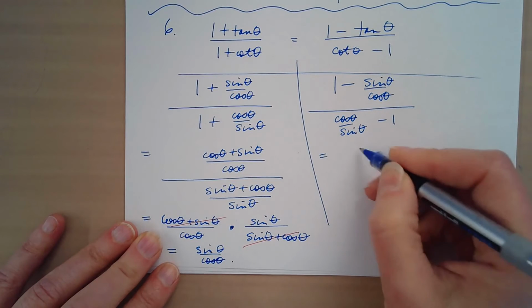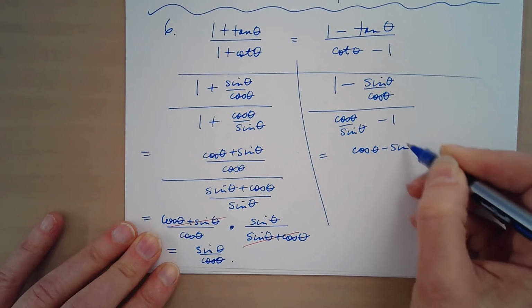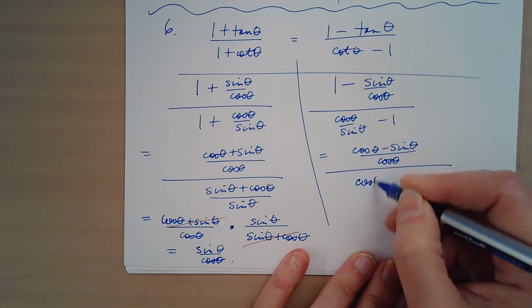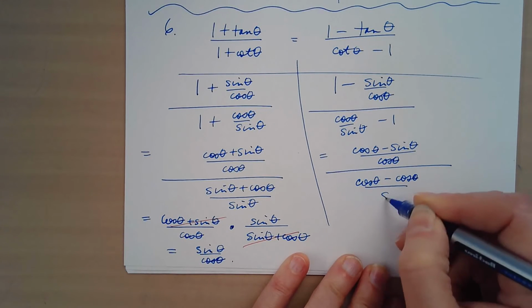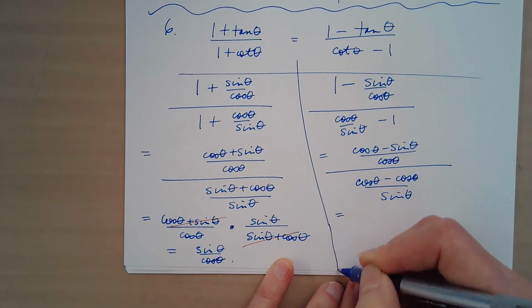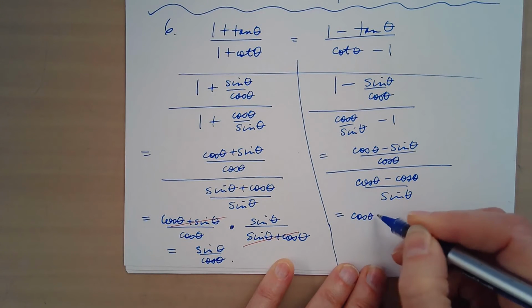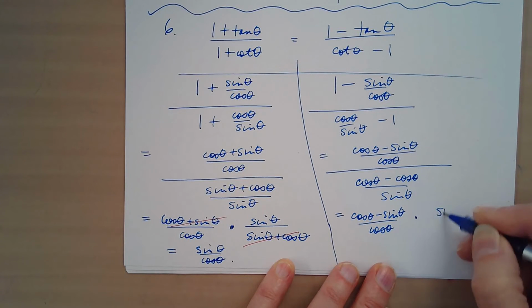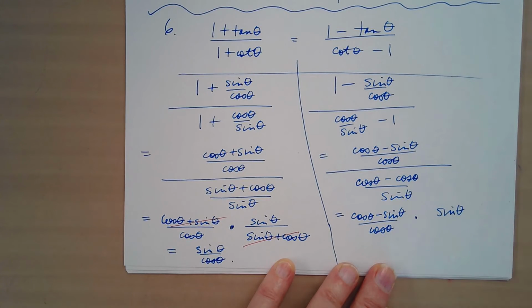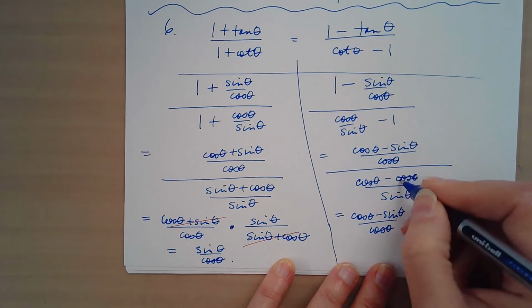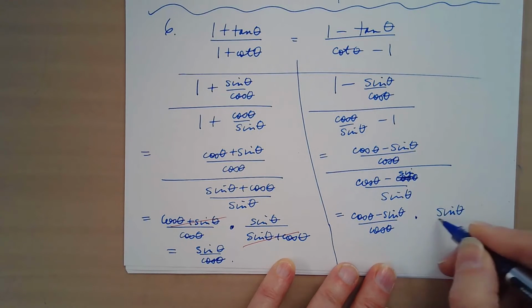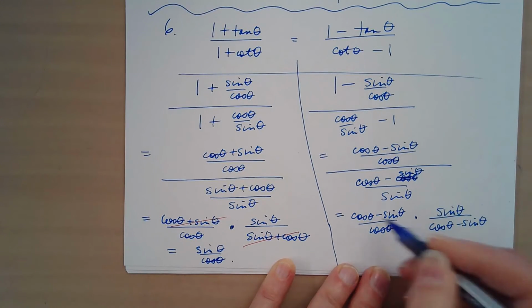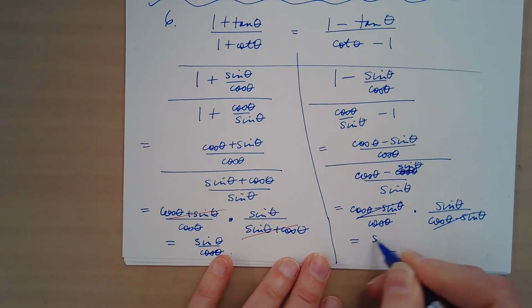Okay, so equals. So then we get cos minus sine over cos, all divided by... Okay, so again, these cancel, and I'm left with sine over cos.